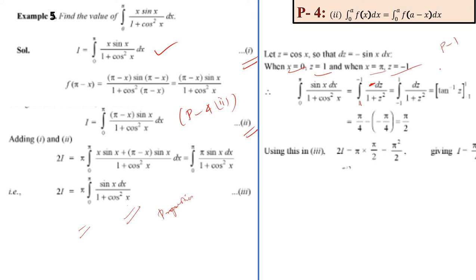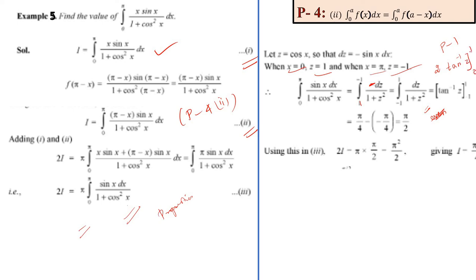First property, so you have this, and this is even function. When we have even function, we know that minus a to a becomes twice integral from 0 to a, so it becomes twice integral tan inverse of z between the limit 0 and 1.